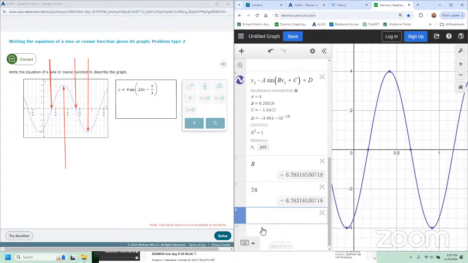If you understand that, then you'll tell me what to do about C. What can I do to find out what C is? C is minus 1.04. What can I do to figure out what C is in terms of pi? I just did it.